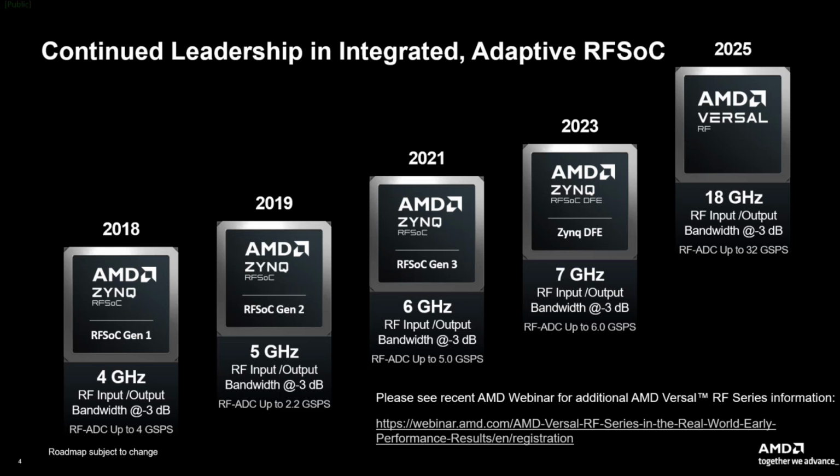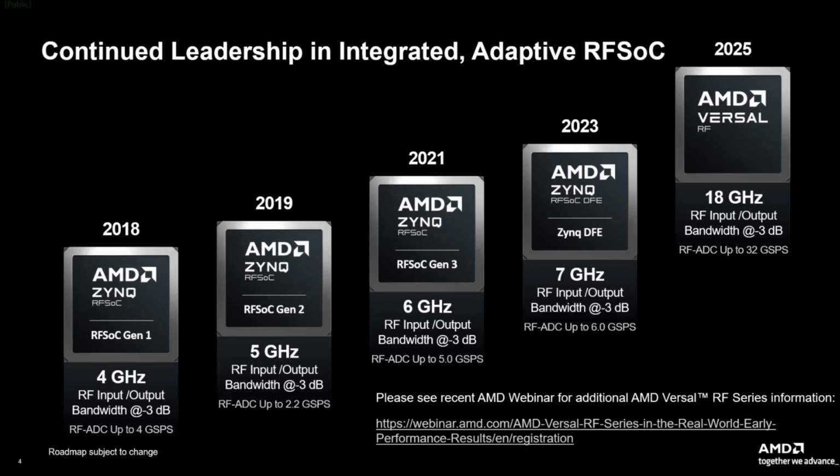So as I mentioned, I'm the product line manager, so I manage the products for the Zynq UltraScale RFSoC, and those would be the typical products which we have here, which go from backwards in this particular group here. That would be the RFSoC Gen 1, the Gen 2, the Gen 3, and the DFE. These particular products are all in our 16 nanometer process node and based upon the Zynq UltraScale Plus FPGA fabric.